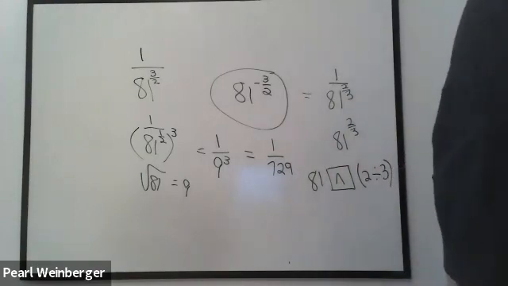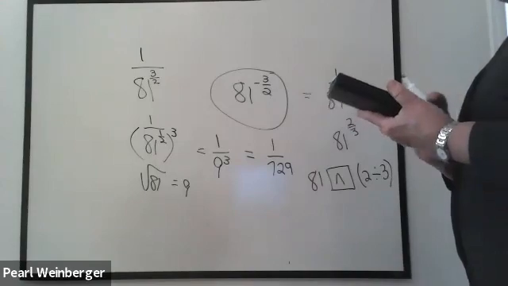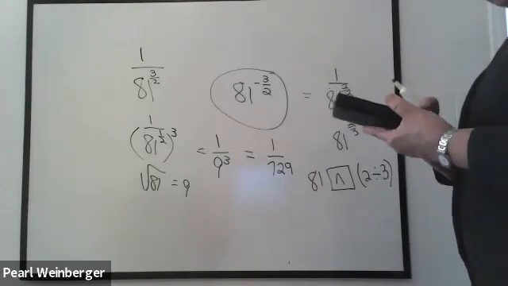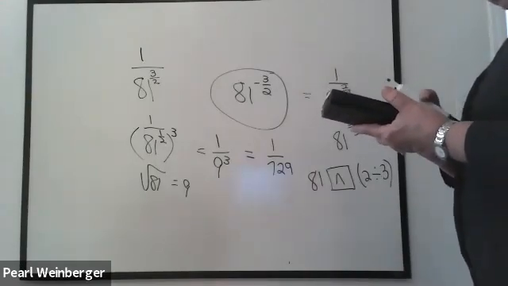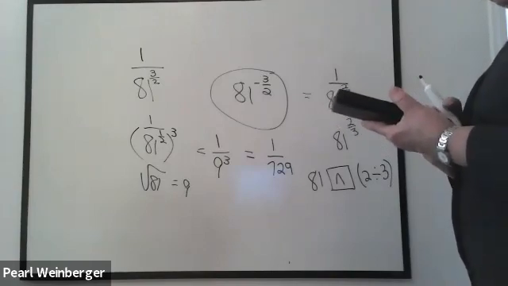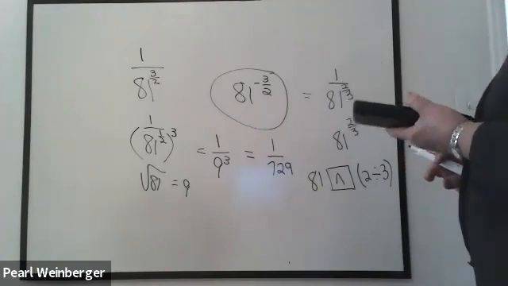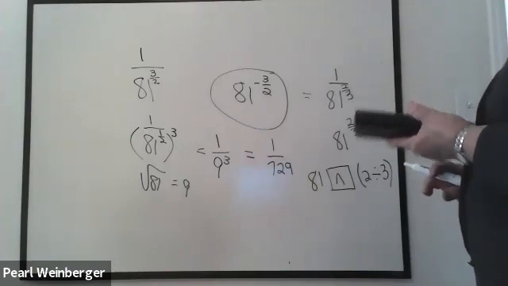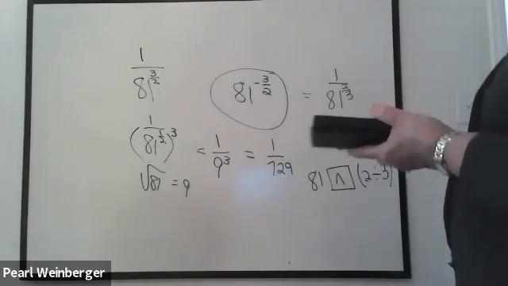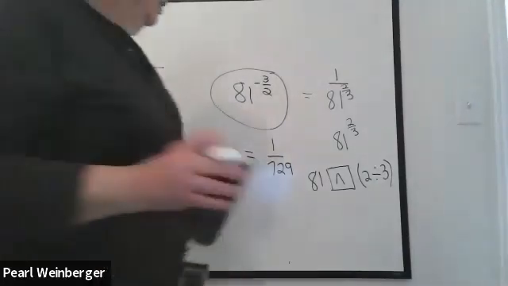Then when I do that on my calculator, 81 to the exponent, parentheses 2 divided by 3, gives me, oh, I'm sorry, it's not 2, I'm messing you up.